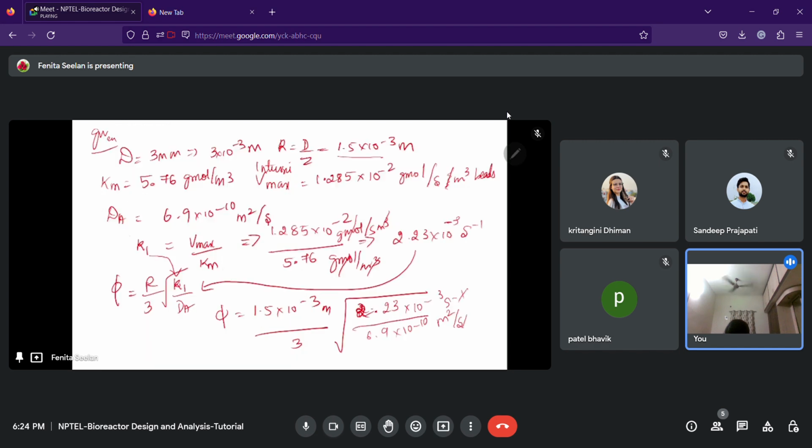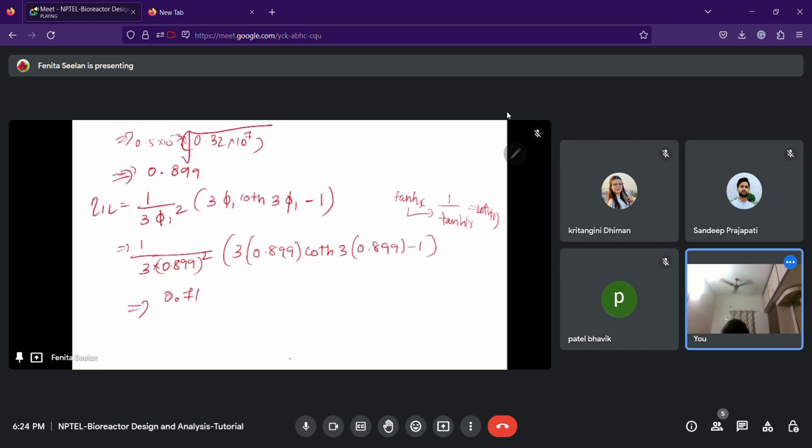What was the formula? So let's calculate our dilution rate.